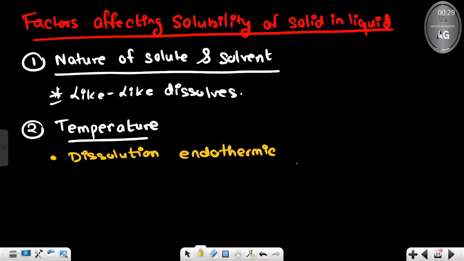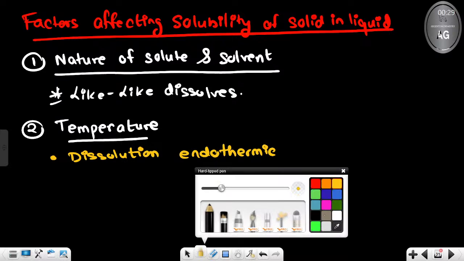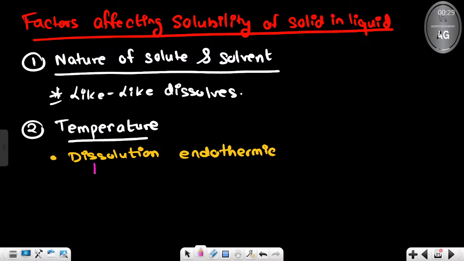Why? According to Le Chatelier's principle from class 11, the reaction proceeds in the direction where heat is absorbed, the endothermic direction. So if dissolution is endothermic, more solution will be formed and solubility will increase. If temperature increases, solubility will also increase.